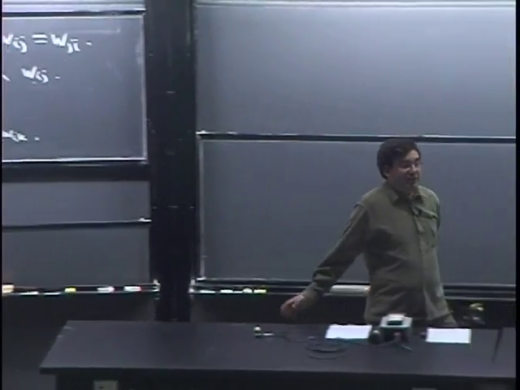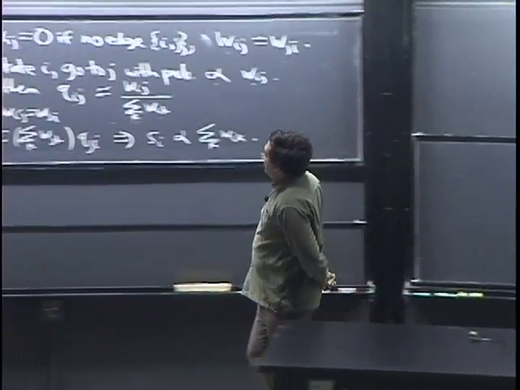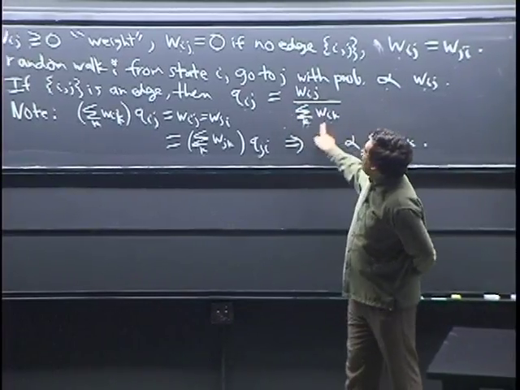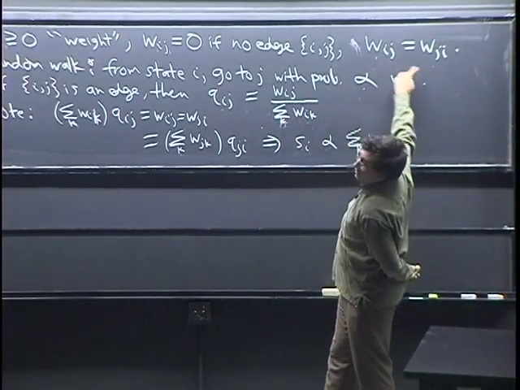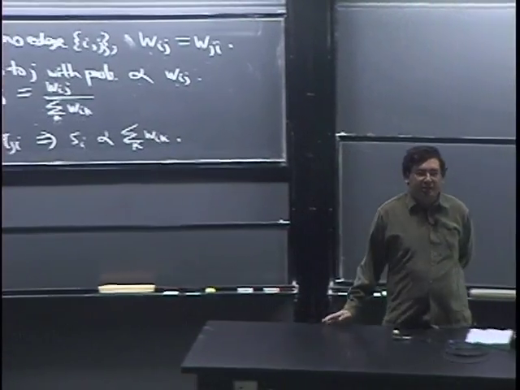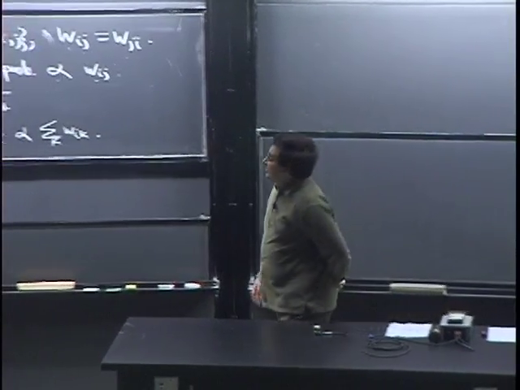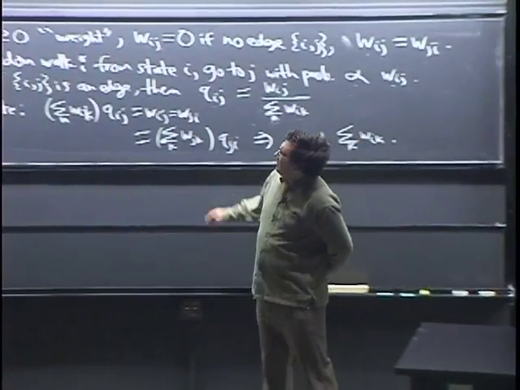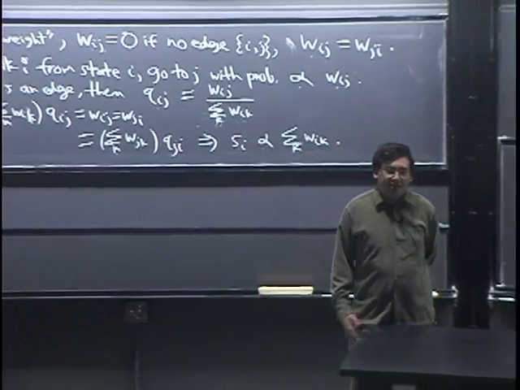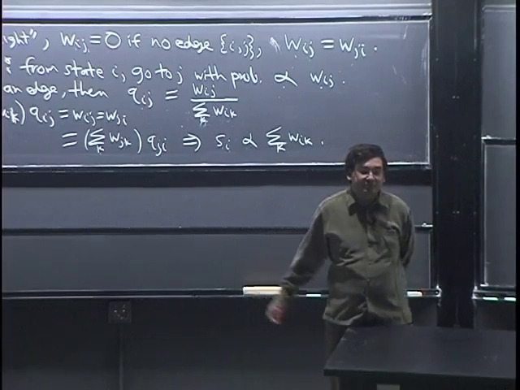So this is completely analogous to what we did last time, but it's good practice. All we did was just multiply both sides by this denominator and use the symmetry, Wij equals Wji. We get the stationary distribution without needing to do any matrices. So I don't know if this seems like a small generalization or a large generalization of what we did last time.